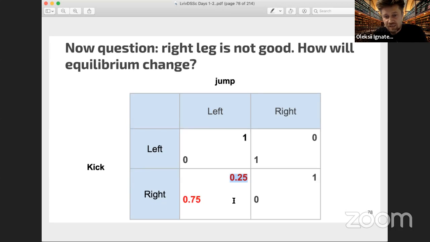So the right leg is worse than the left leg. And the question is, how do you think it will change the equilibrium? If you have any suggestion, please.